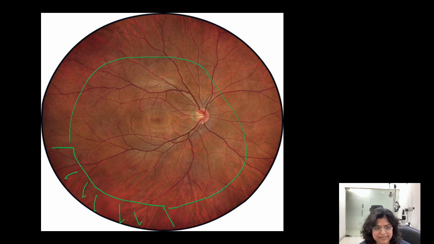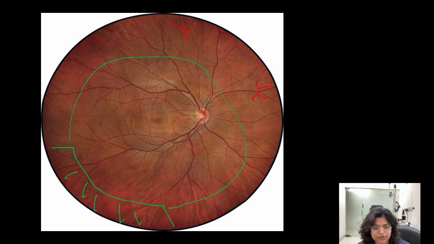So what happens is, when the outer portion of the retina does not receive enough blood supply, blood flow to the outer portion slowly starts coming down. So what happens is, new blood vessels start growing all over the outer retina.